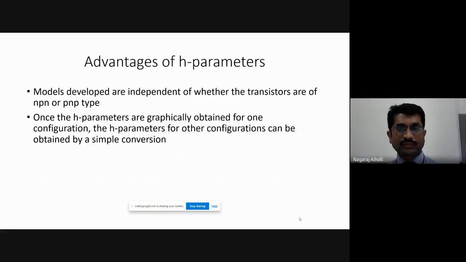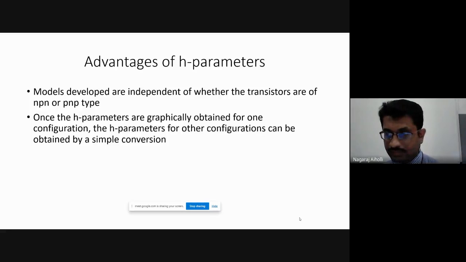For example, if you want to convert the H parameters of common base to those of the common emitter configuration, there are conversion formulas that will convert the hybrid parameters of common base to common emitter hybrid parameters. So these are the advantages of H parameters or hybrid parameters.